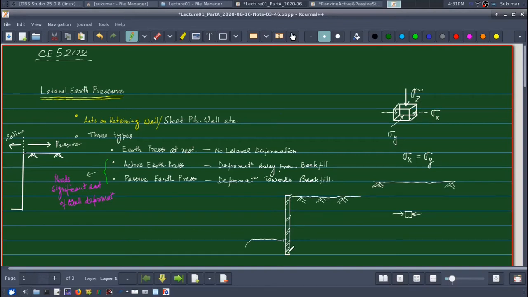and if this retaining wall moves away from the backfill due to the lateral pressure, then what will happen? Some lateral stress will act on this retaining wall or on the soil element very near to the retaining wall. If I assume a soil element very close to the retaining wall, let me draw another rectangle.